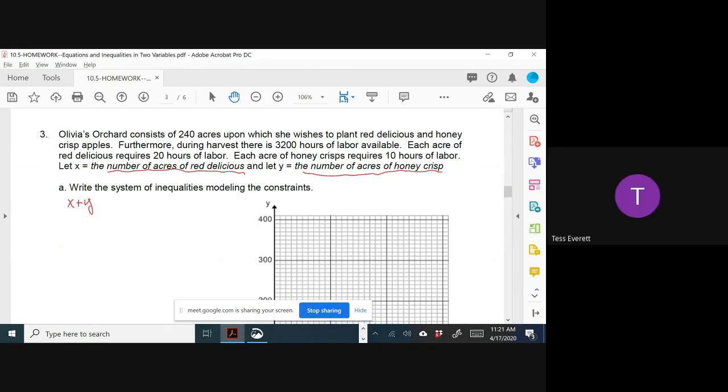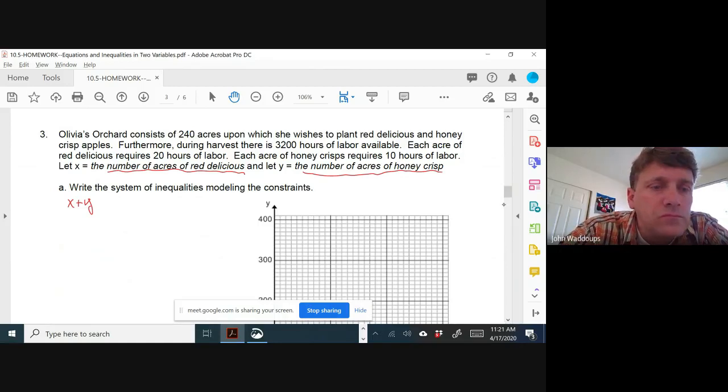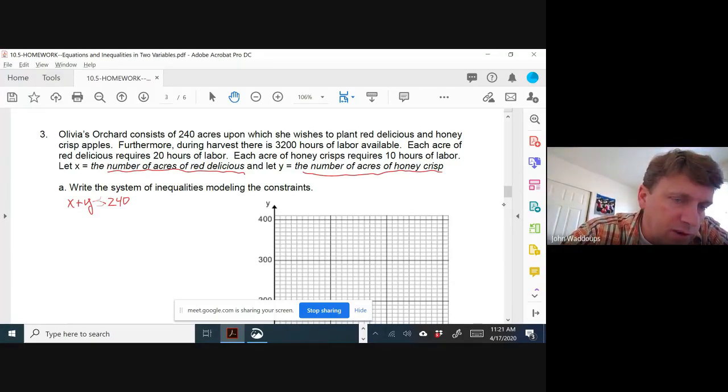Yeah. So to write an inequality, because she has 240 acres, then x plus y must be less than or equal to 240. That came out looking funny. Let's try that again.